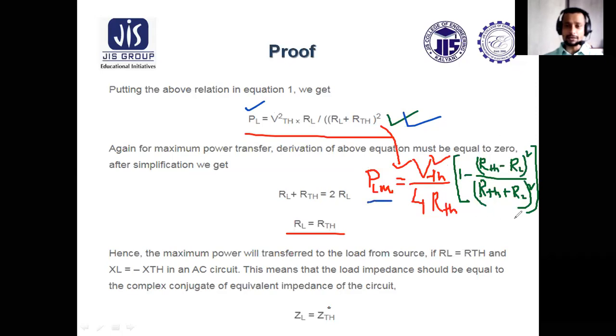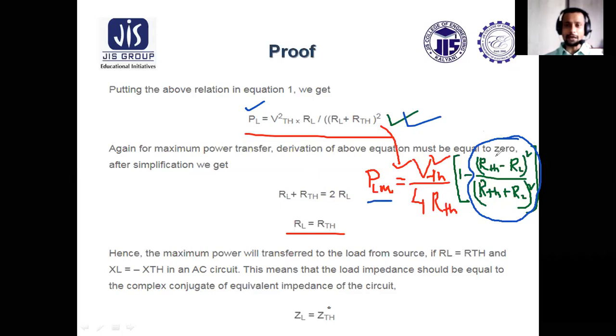Now in this equation, in order to get maximum power, when will this equation be maximum? If this term becomes 0, then only the power will become maximum.